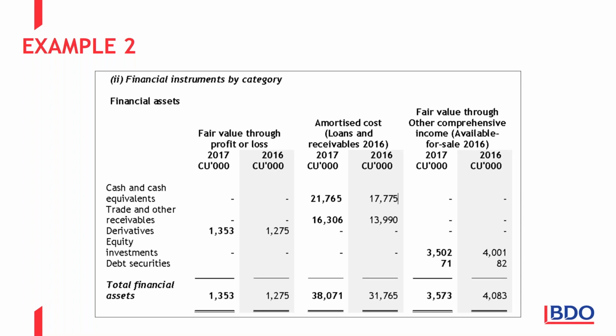Some entities have made the election, they've moved these things through to equity because they don't want to change the way they do things, but they haven't realized that the measurement classification actually does have an impact, and that impact will be on disposal. They'll never see the profit on those shares in P&L ever again, whereas under available for sale, they would have. And that's a good example of an explanation you should be giving to your users, saying, we've made this decision, we've moved these instruments through, but this is actually going to be the impact of that change.